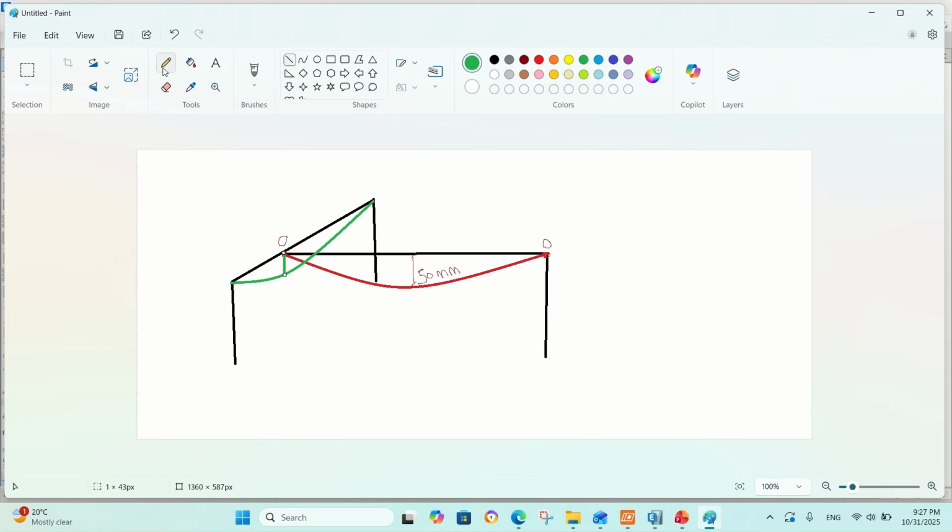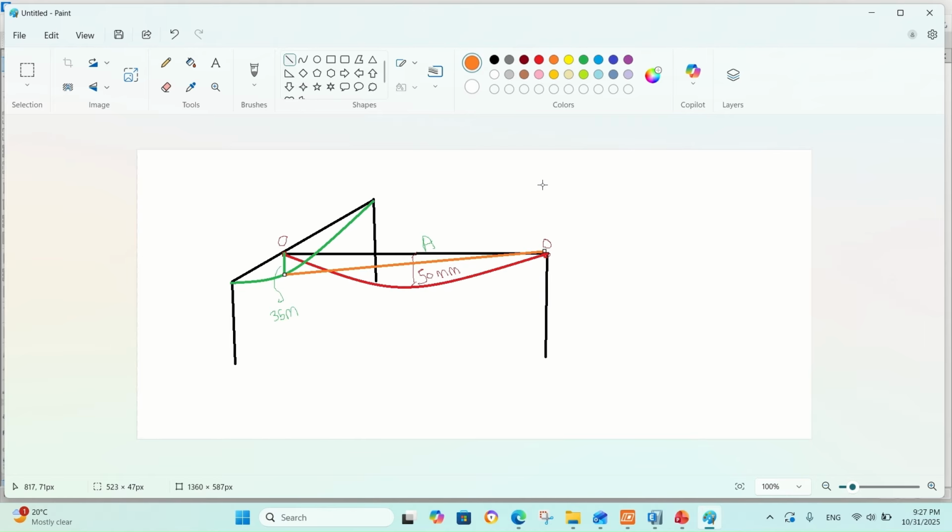So in this case, this joint is deflecting. Assume it's deflecting 35 mm. So the deflection shape for the beam, let's call it beam A, will be like that.